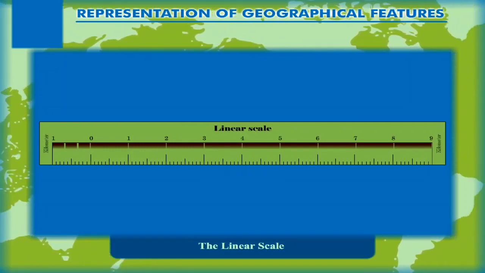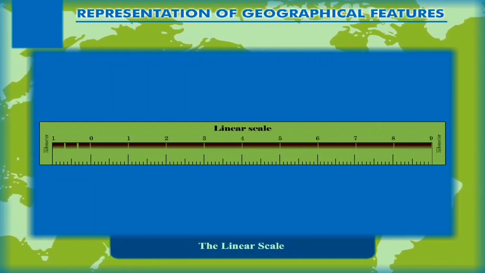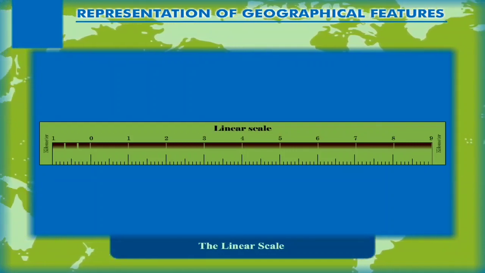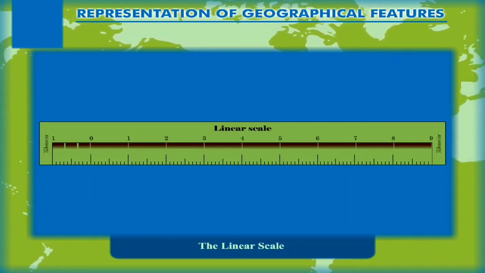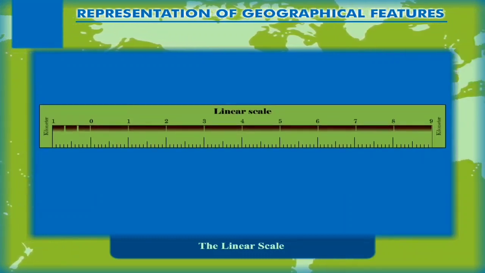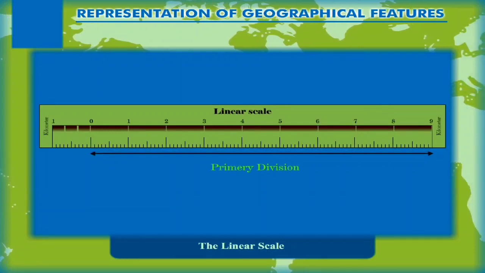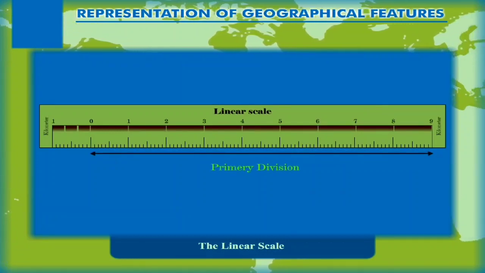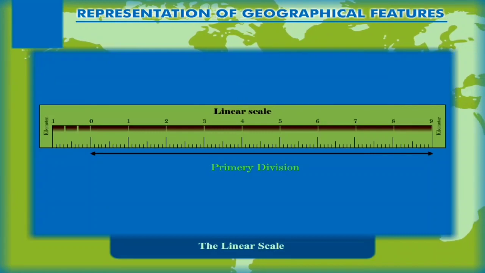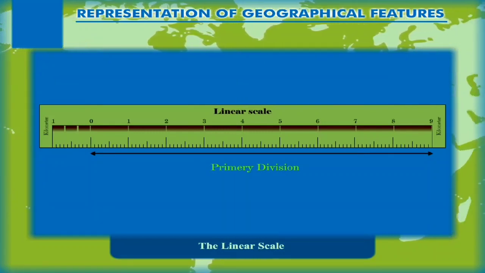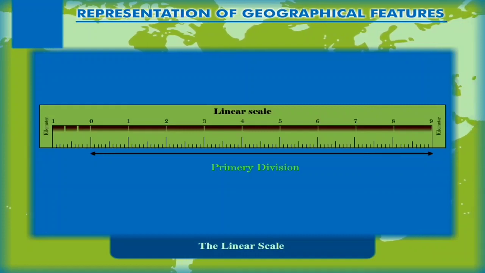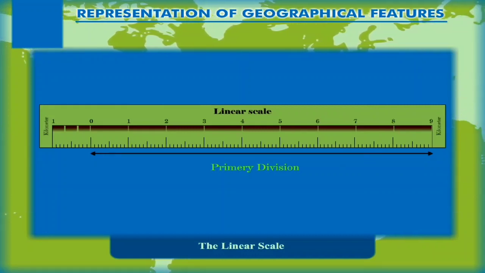Each division measures the distance on the map, and the value written along the scale shows the distance on the ground. The big divisions on the scale are called the primary divisions. The zero or the beginning of the scale is marked after the first primary division.